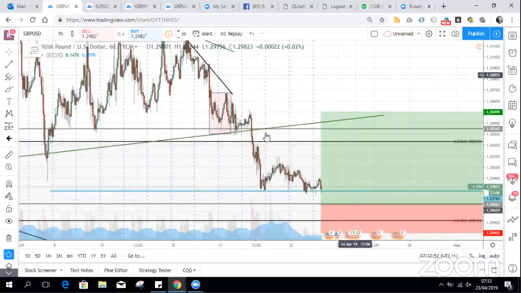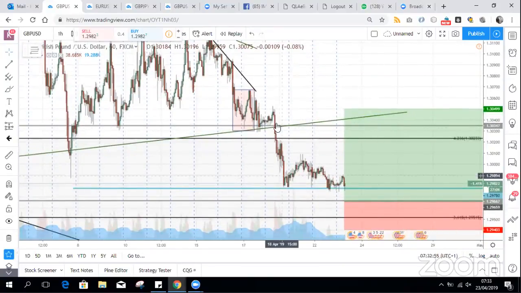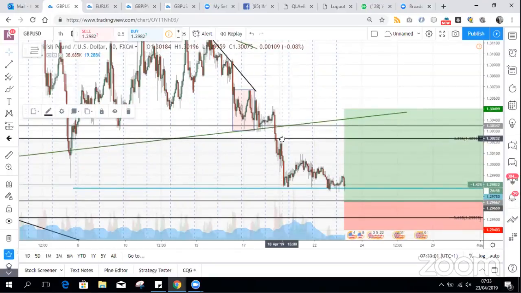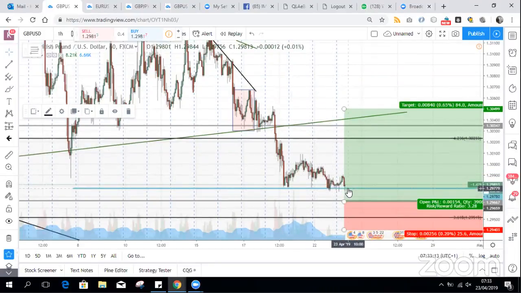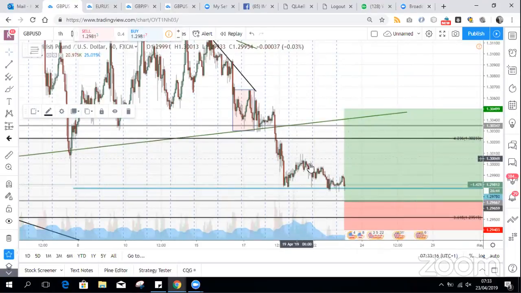We've had this push down, this major line. Yes, break, double bottom, back up. Right now, we're just checking out this line. It's all monthly consolidated in this box. Today's same thing, so we're looking for a push down.